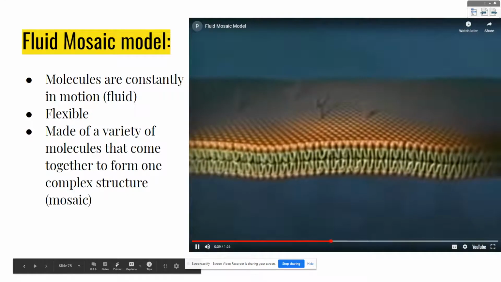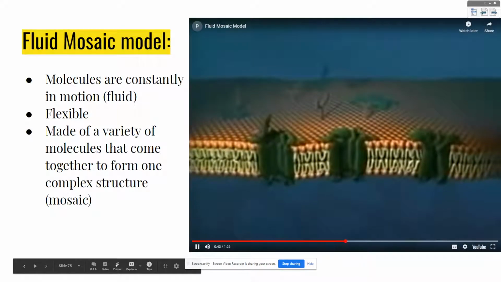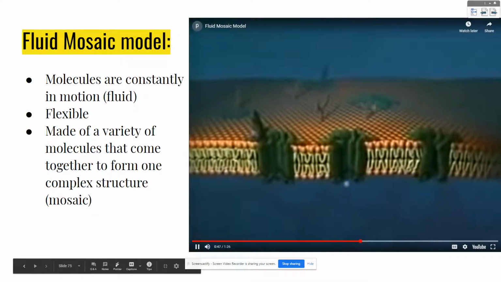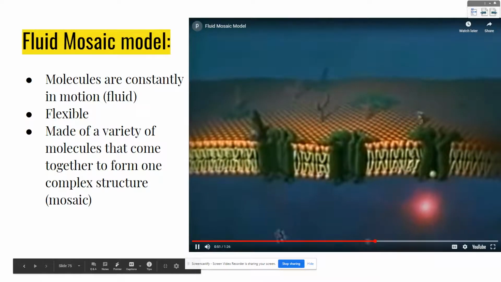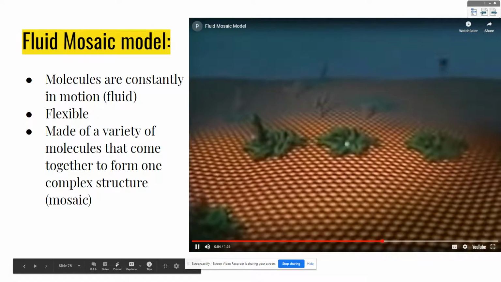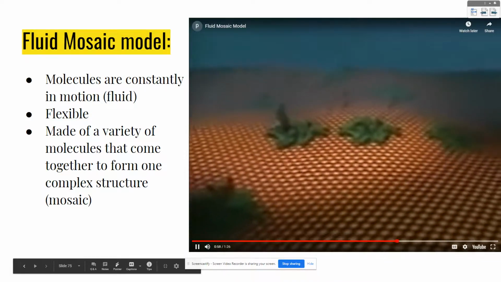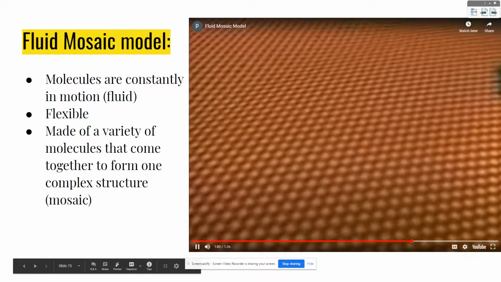Within these lipid molecules, we also find different proteins, which do various things for the cell. For instance, they receive signals from the world outside, or they transport nutrients and waste. So nature composes the membrane with a combination or mosaic of different lipids, carbohydrates, and proteins.